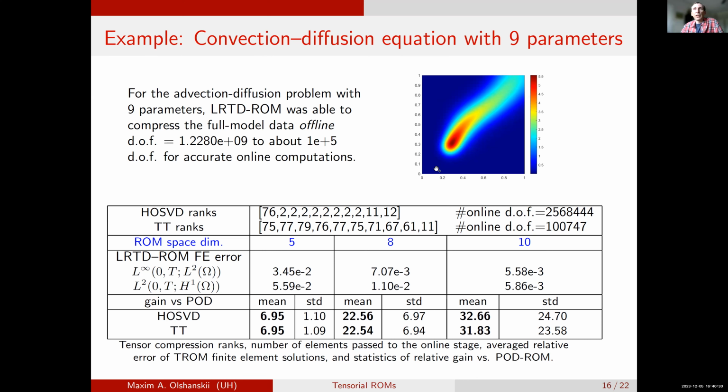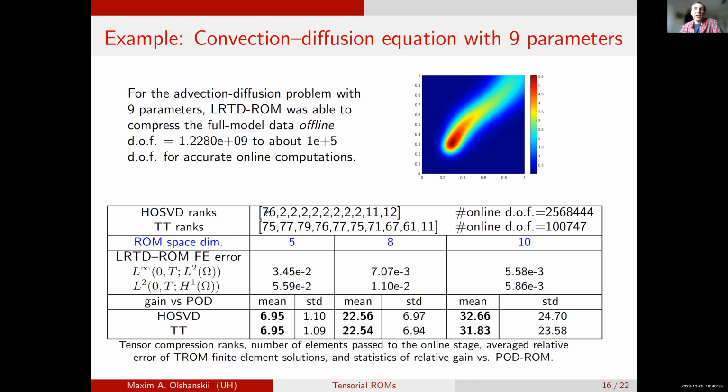So we have an advection field going from southwest to northeast somewhere. This field was parameterized, and the source was put here. We have 9 parameters, and these are an example of tensor ranks for higher order SVD and for tensor train.